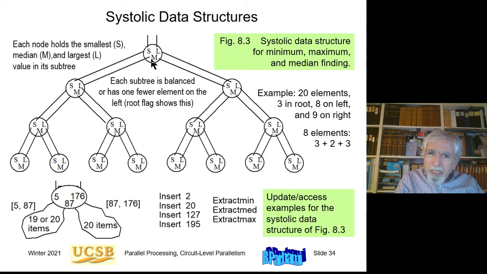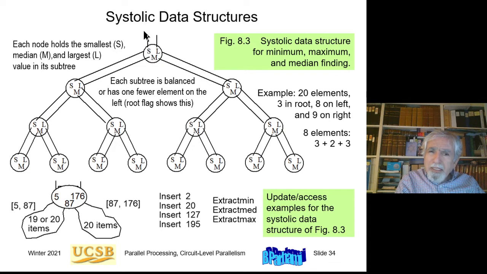Then I get to the middle element, and then I go to the larger elements on this side. It's sort of like a chain. And finally, I get to the largest element.